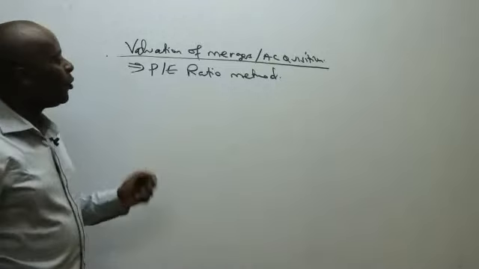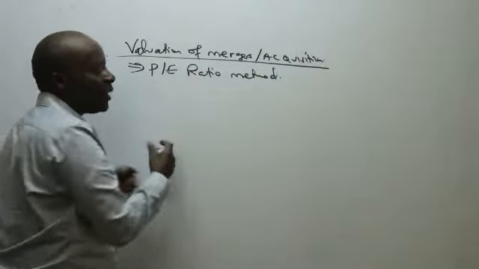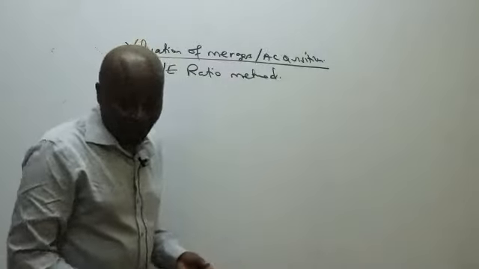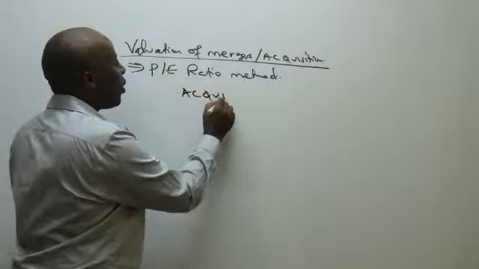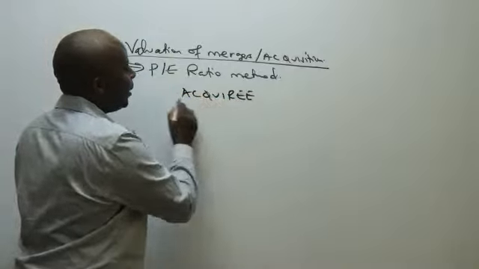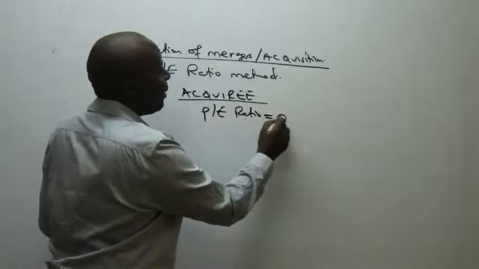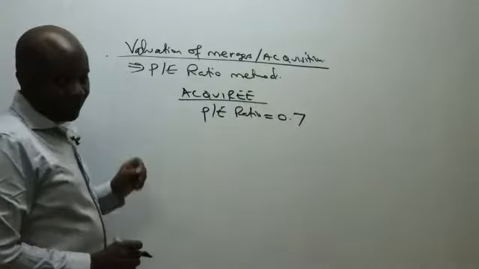Remember, PE ratio stands for price earnings ratio. They'll tell you that we have an acquiree organization whose PE ratio is, for example, 0.7.